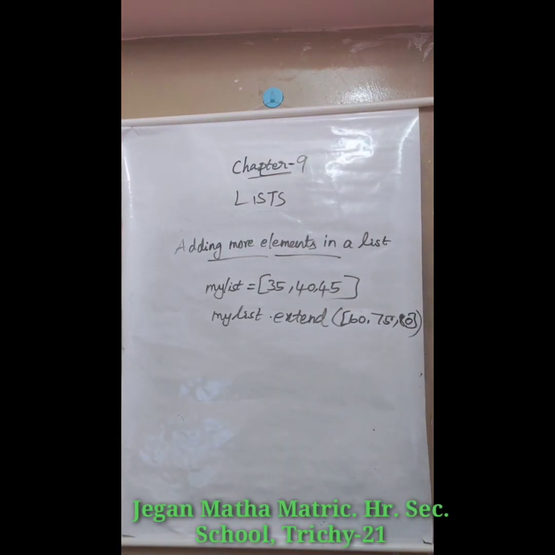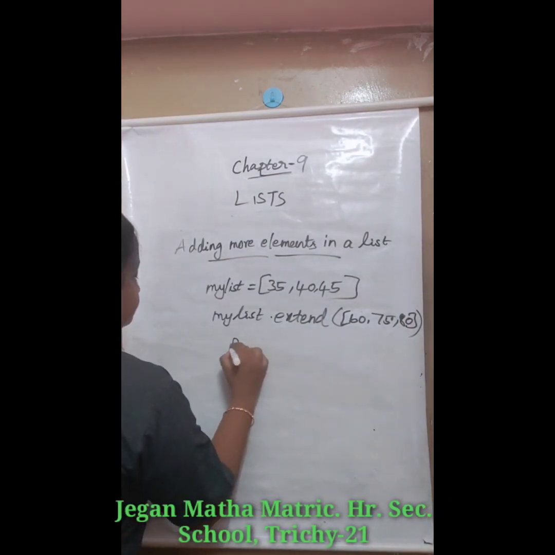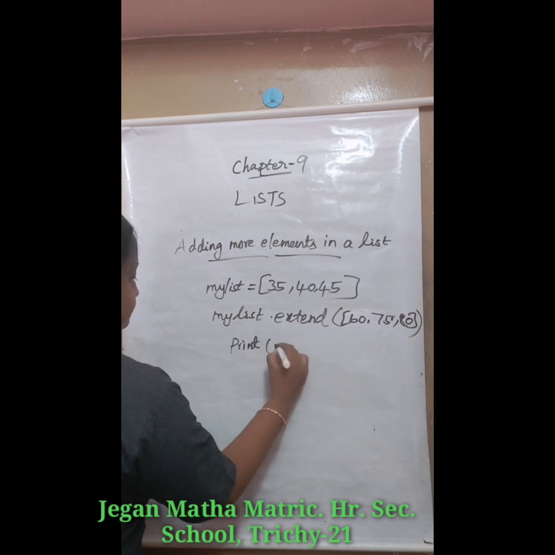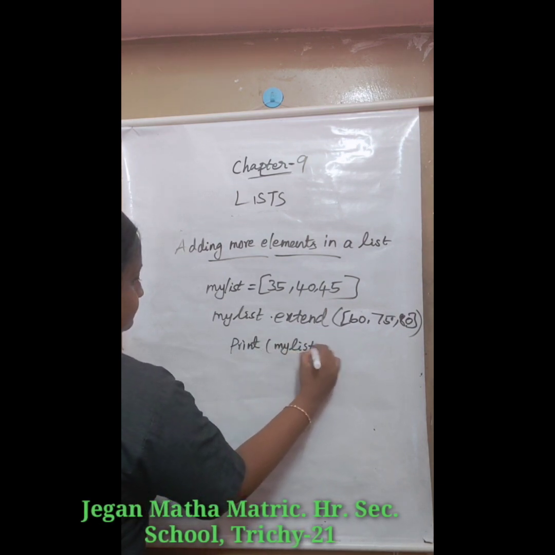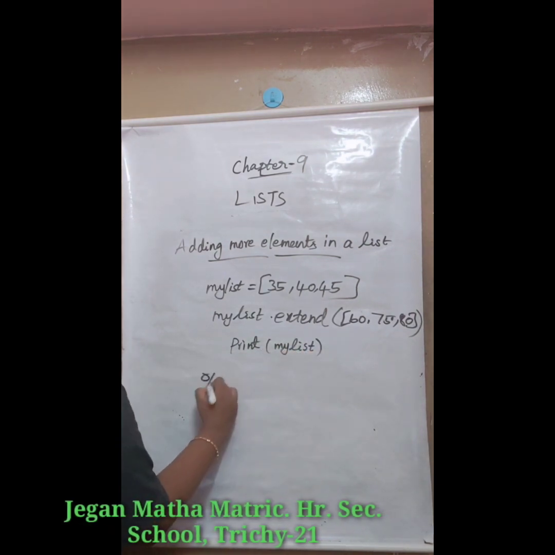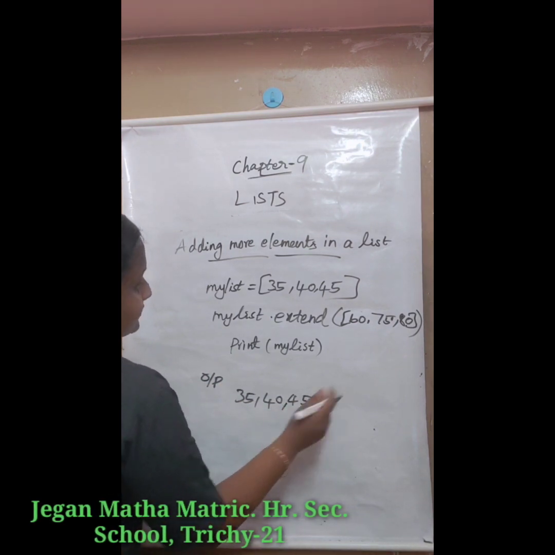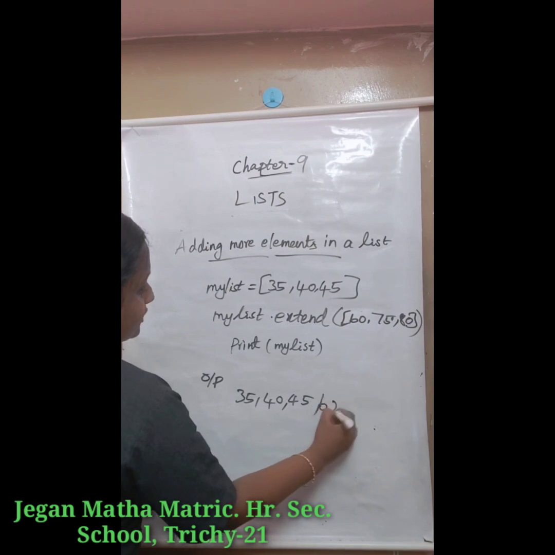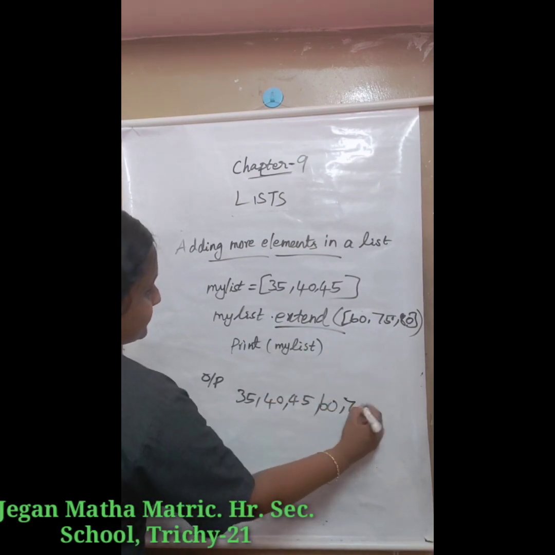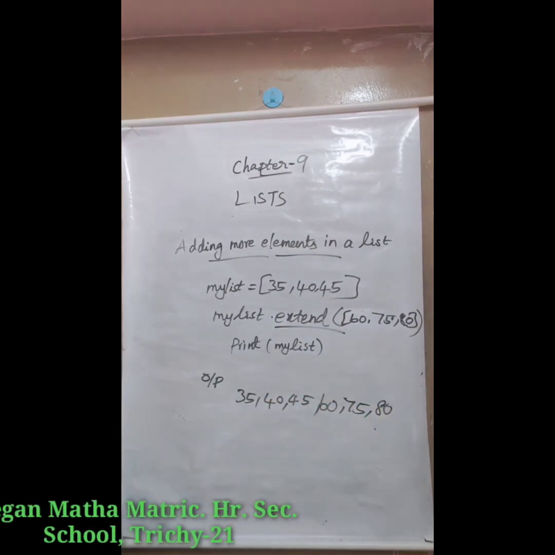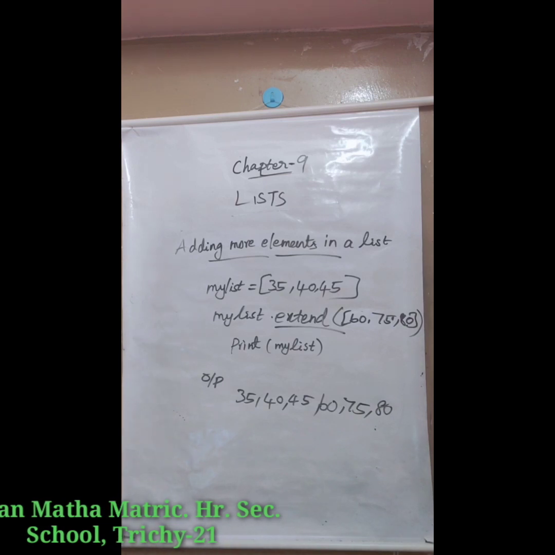So here we are going to add these three values. So it produces the output 35, 40, 45, and at last only we add the values. So extend is used to add more than one element to a list.